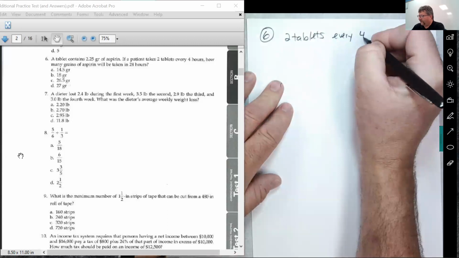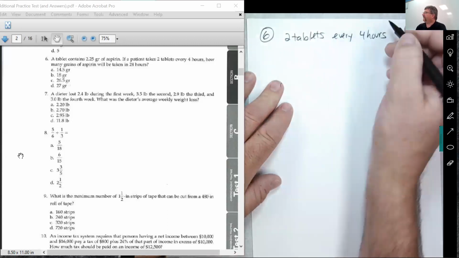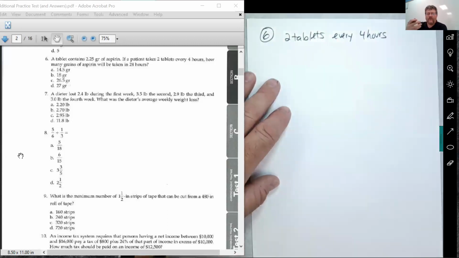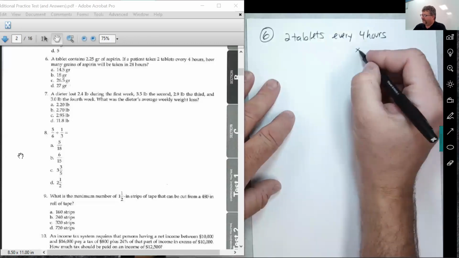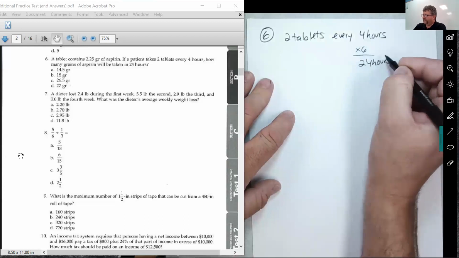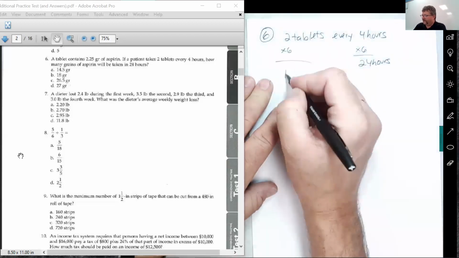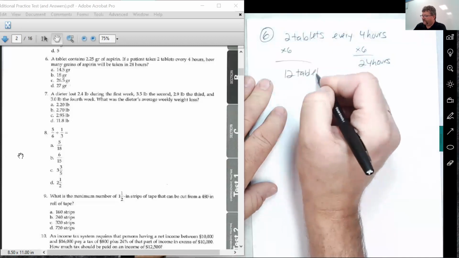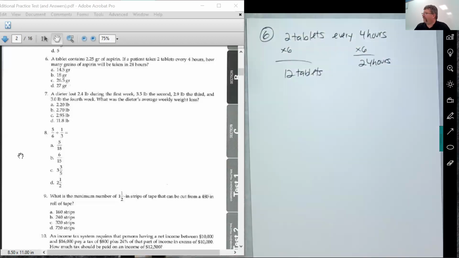How many of these 4-hour segments do we have in a 24-hour day? Times 6 gives me 24 hours, so times 6 gives me 12 tablets in this 24-hour period.